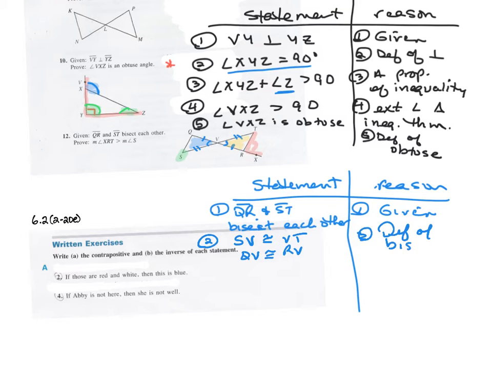And again, if you'd rather state the vertical angles next, you can, but I did that because that was listed right above it. Next, I'll state the two vertical angles that are congruent. So I'm going to state that angle QVS is congruent to angle TVR. Let me fix that order.